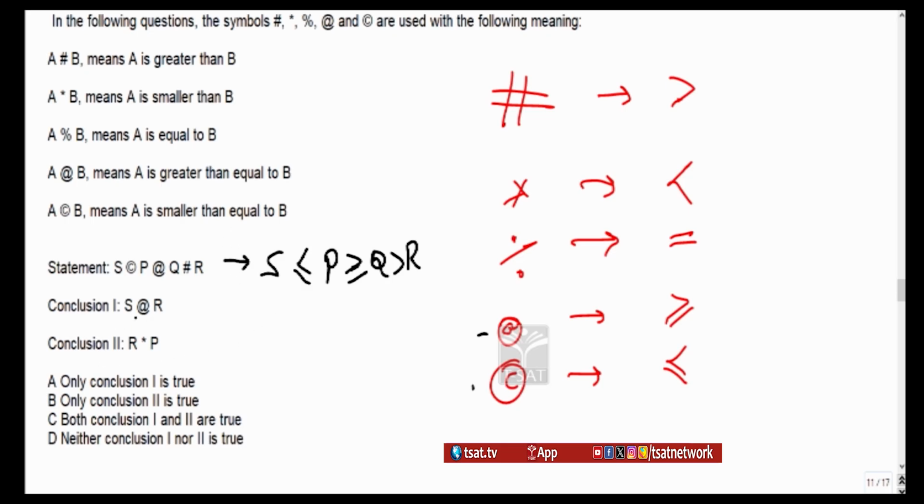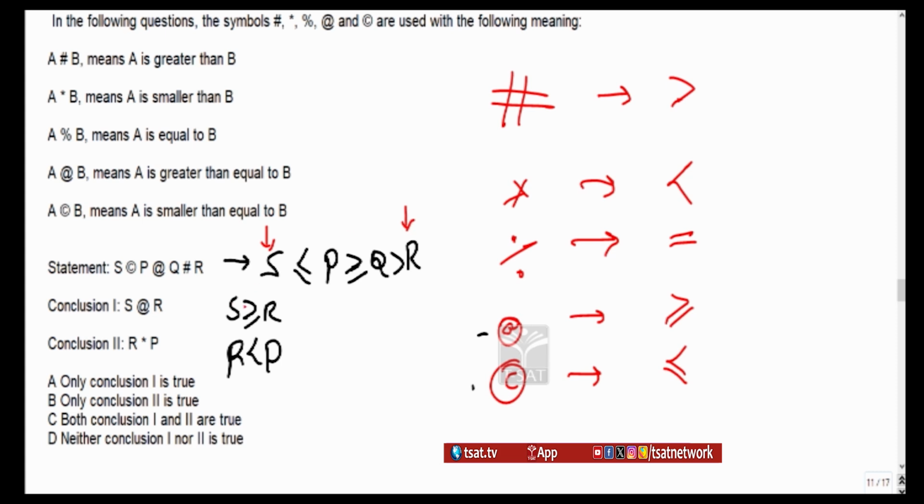Now see the conclusion. What is the conclusion? S at the rate R. S at the rate R means this conclusion is S is greater than or equal to R. And the second conclusion, R star P. R star P means R is less than P. Now see here, after converting these statements and conclusions into greater than and less than form, S and R: he is saying that S is greater than or equal to R. See the two symbols, S here, R here.